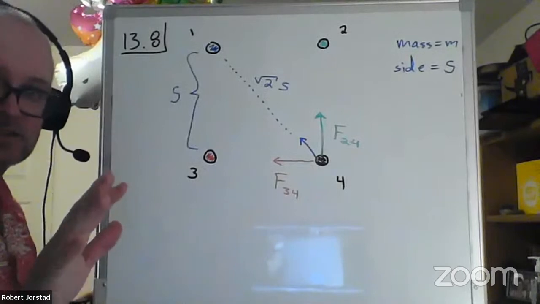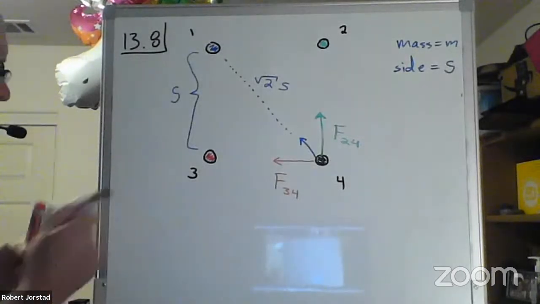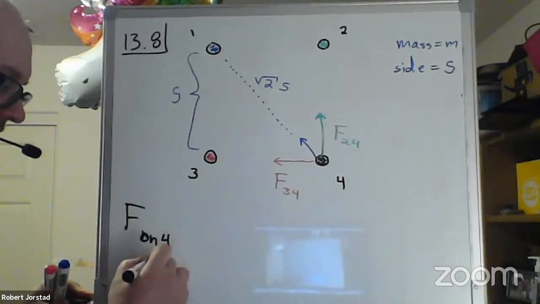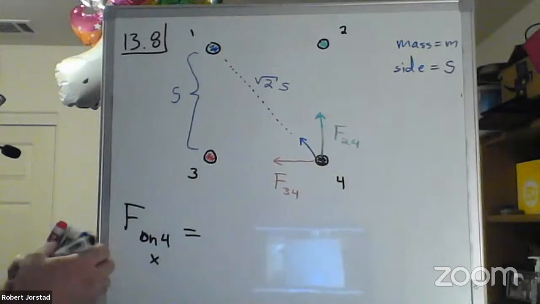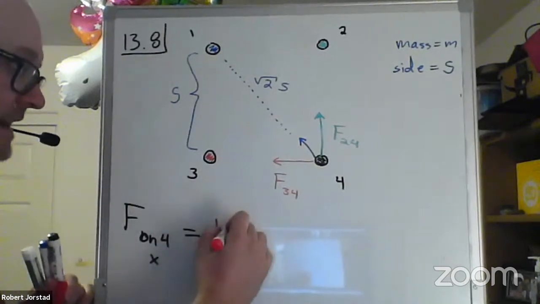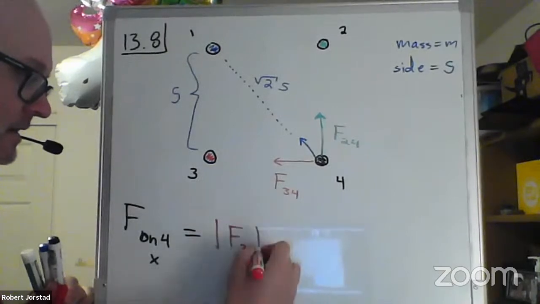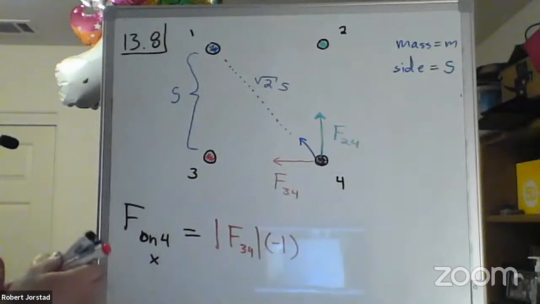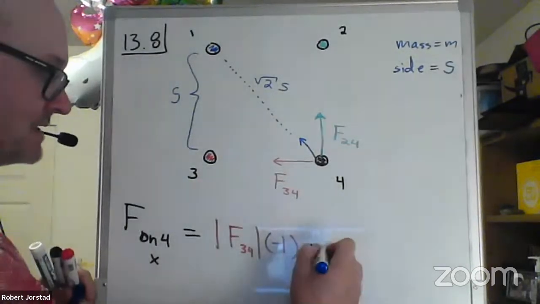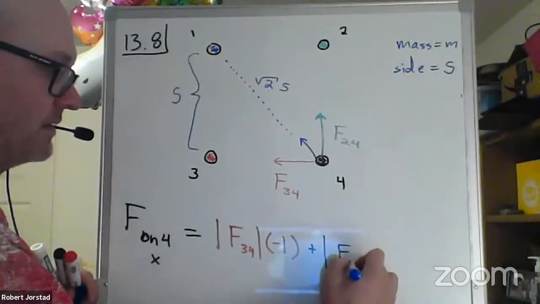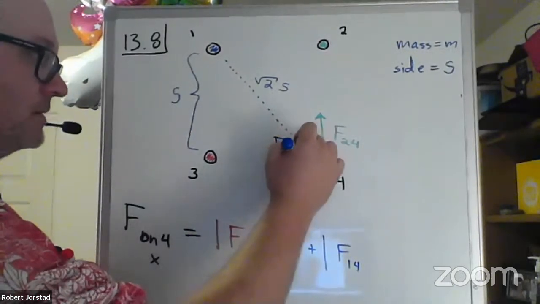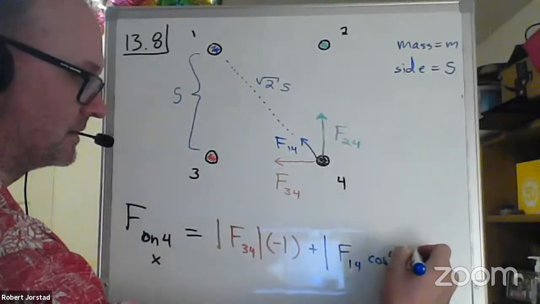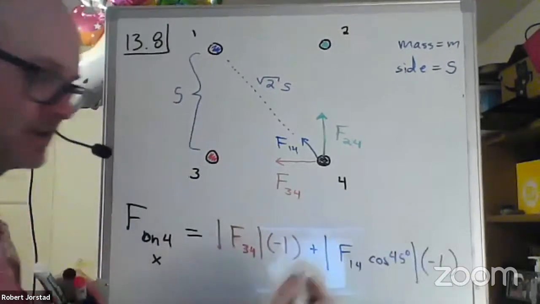Another thing you could do is this. Do you agree that the force on 4 in the x direction should basically be the size of F34 times -1, meaning negative i hat, plus the size of force 1,4 cosine of 45 in the -1 direction?